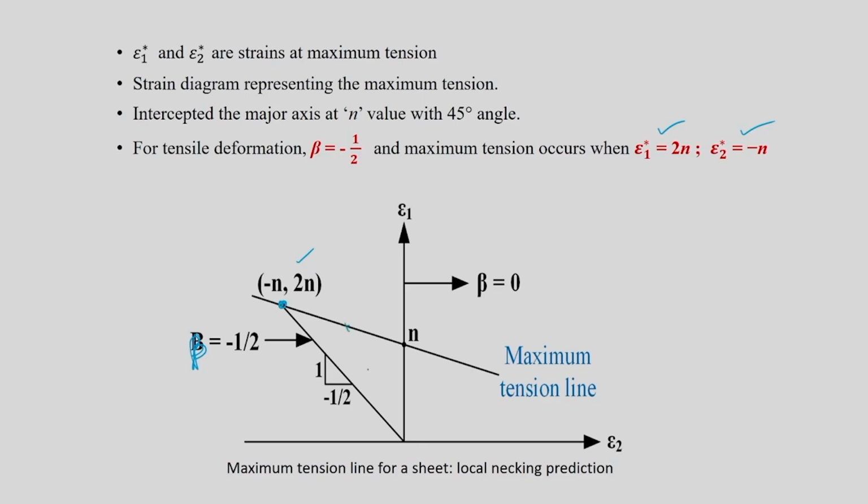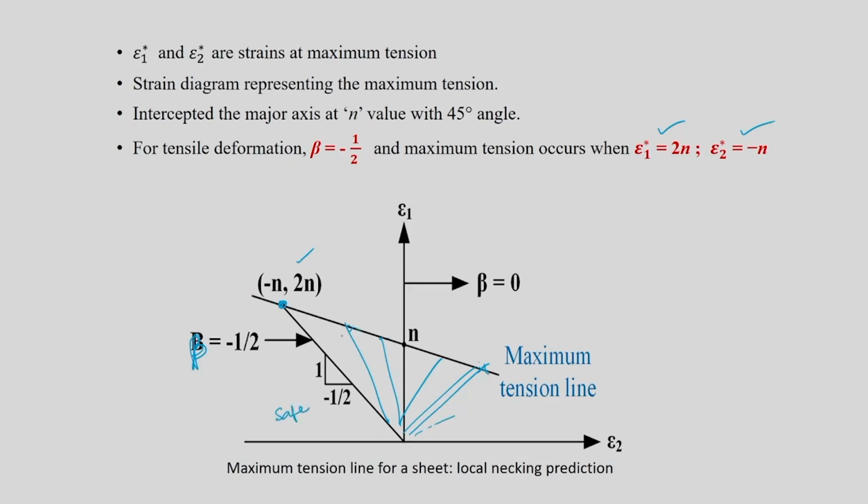Similarly, if you follow any other beta value, you will get a different place at which you have localized necking. It also tells that as long as you are below the line, you are in the safe region.